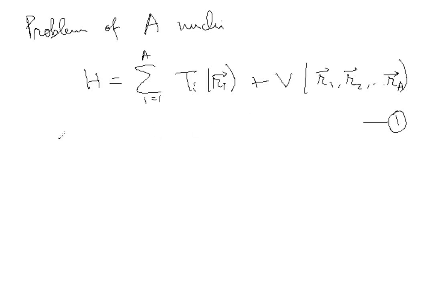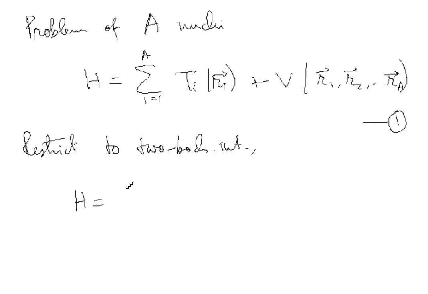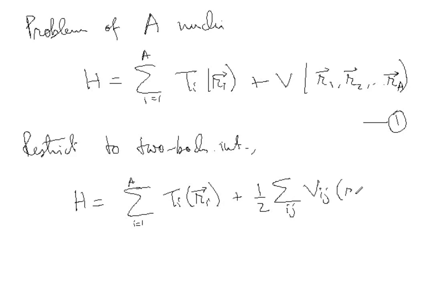Now, if we restrict ourselves to two body interactions, that means nucleon-nucleon interactions, then we can write H is equal to summation over I equal to 1 to A, Ti Ri plus half of Vij Ri Rj.